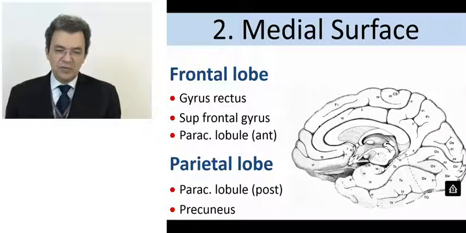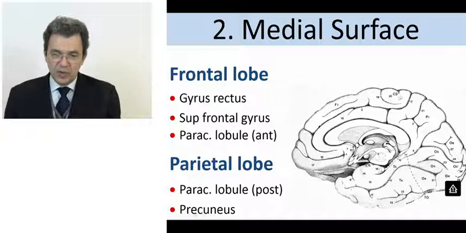On the medial surface of the frontal lobe, you have the gyrus rectus, and then the superior frontal gyrus, and then a structure called the paracentral lobule. The anterior part of it belongs to the frontal lobe, and the posterior part belongs to the parietal lobe.